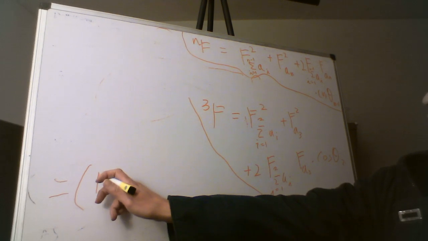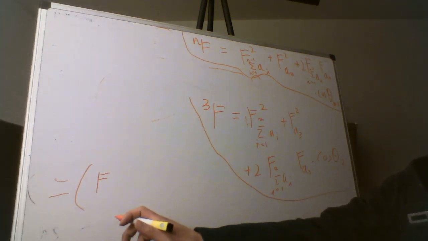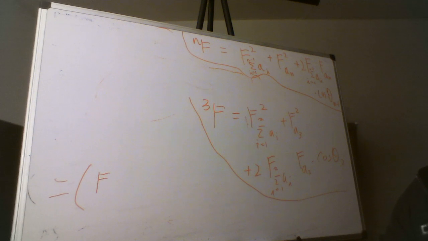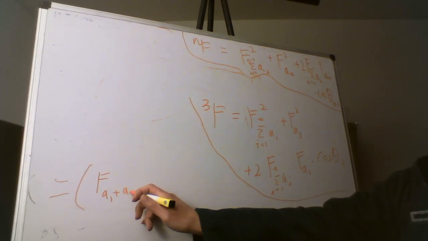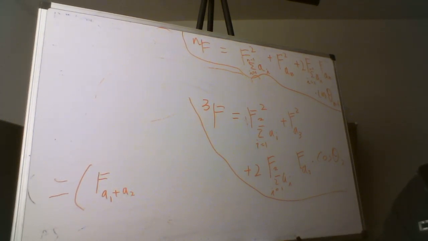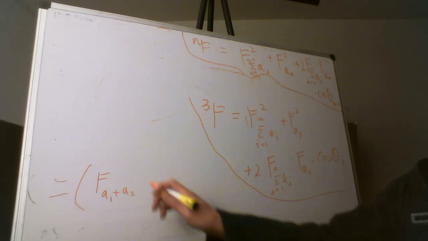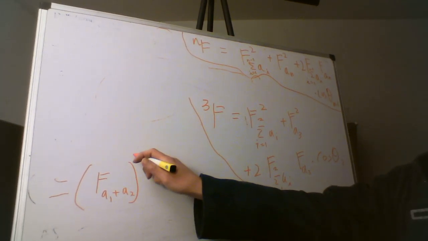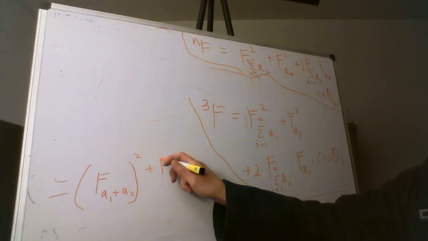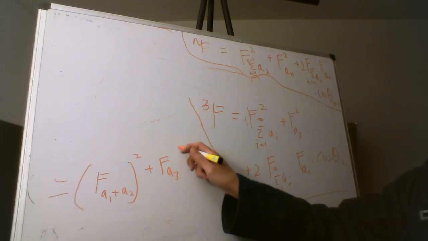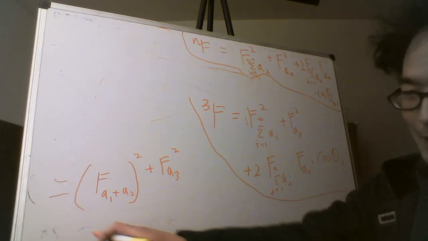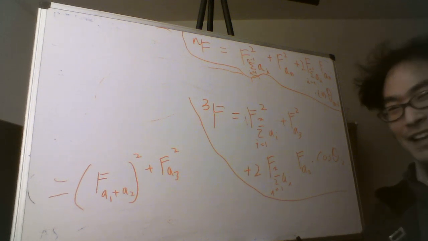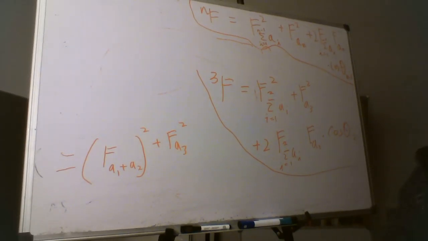f of a1 plus a2 squared plus f of a3. I'm kind of afraid that I did something wrong, and I don't know if this equation is correct or not.